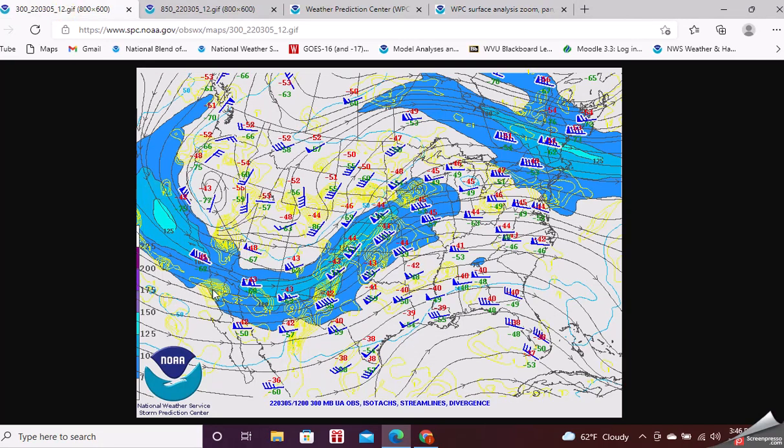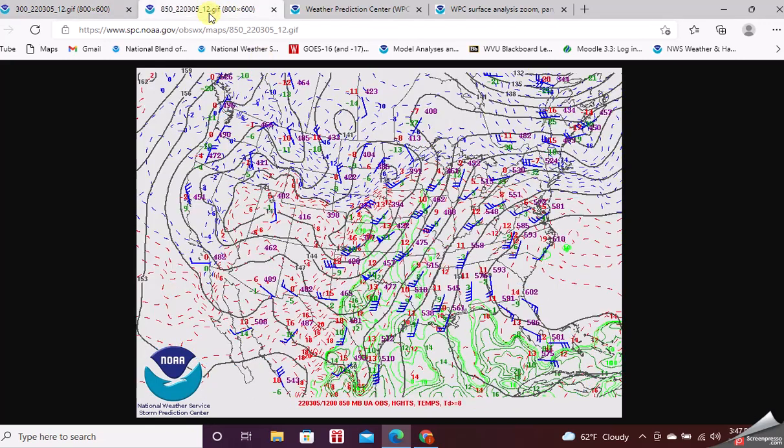If you go aloft up to 300 millibars, what you see is winds parallel to the isobars, and you wind up with geostrophic wind. At 850 millibars, you're kind of in a mixed area. You're starting to get some friction playing, so you might move some air towards the low.